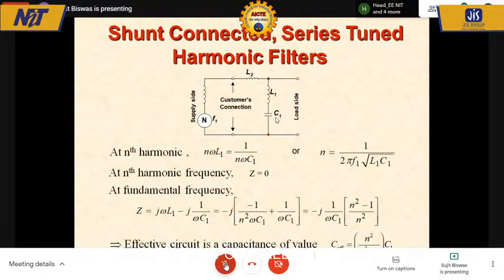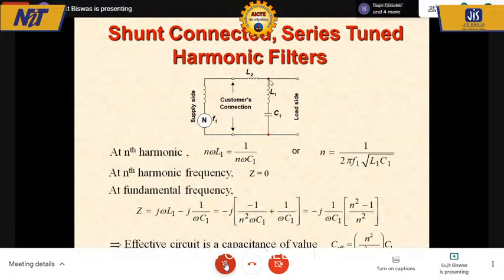So we have created a low impedance path through the filter. So the harmonic current now has one option to either flow through this or flow through the source. It will not be able to flow through the source right now because for the source, the reactance will be now n times larger at the nth harmonic. And for the nth harmonic, this is almost 0.